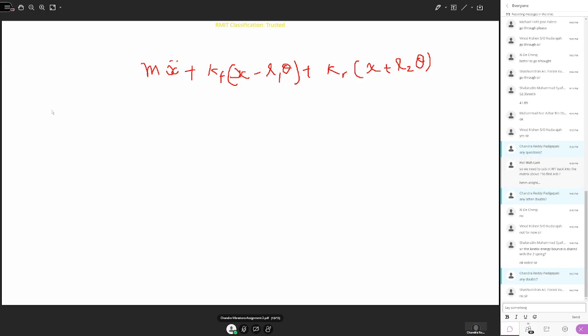And equation 2 is for angular motion. So mass moment of inertia, theta double dot, equals negative kf into x minus L1 theta, into L1, plus kr into x plus L2 theta.